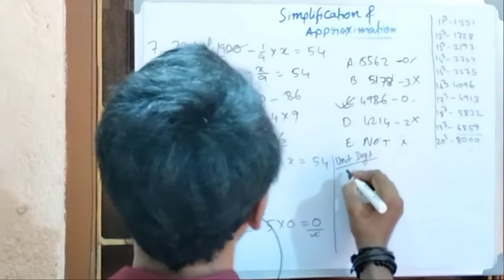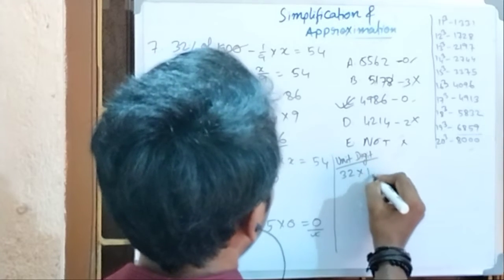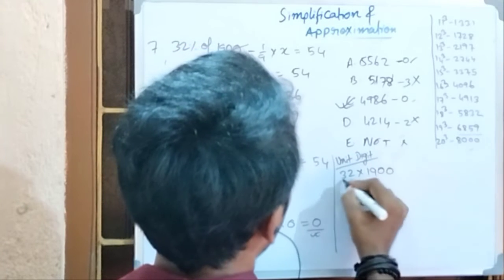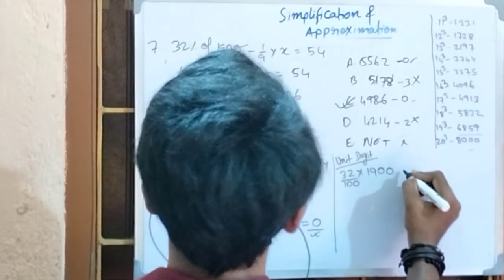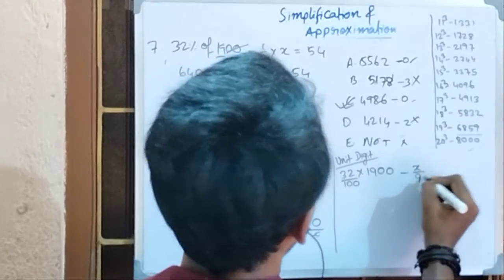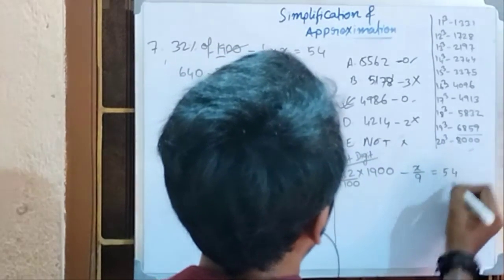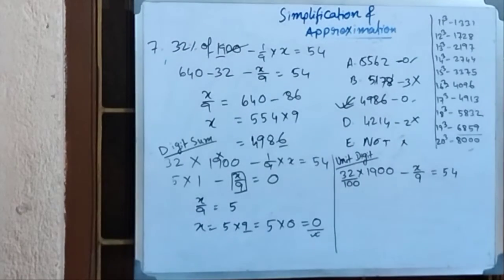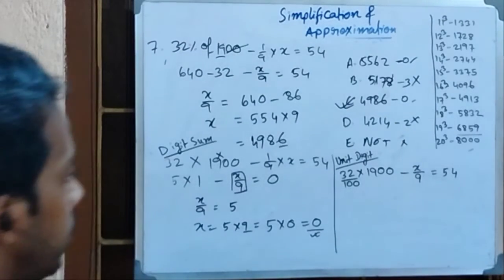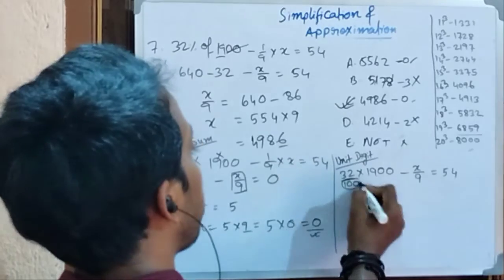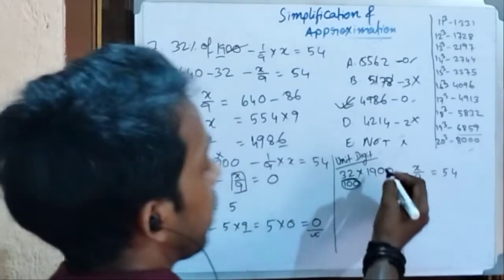In unit digit, 32 into percentage x by 9 equals to 54. Right? Why am I taking this percentage by 100 here? Because we have to check the unit digit.